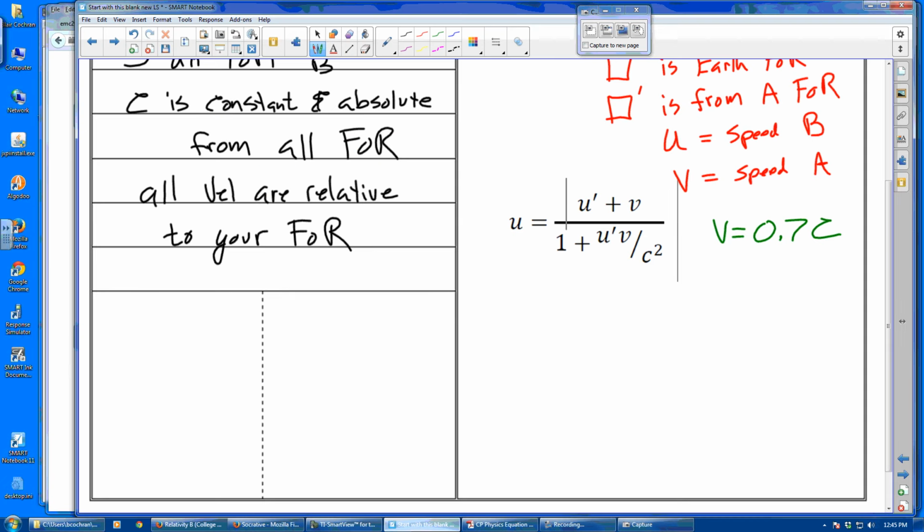So that means U is 0.98 C. And I'm asked to find what U prime is.